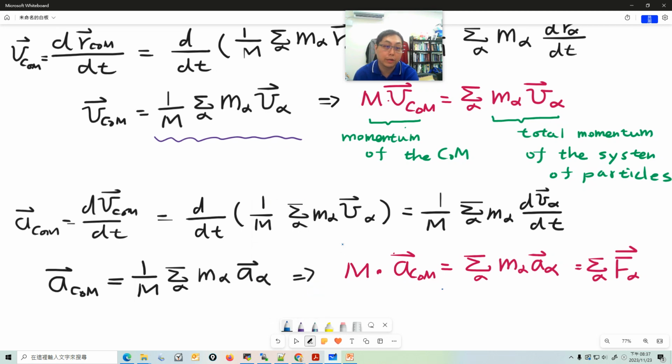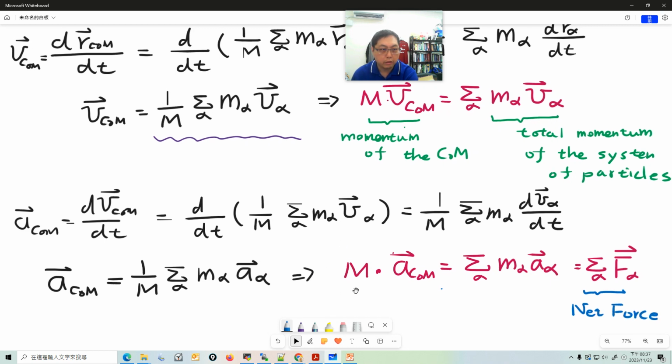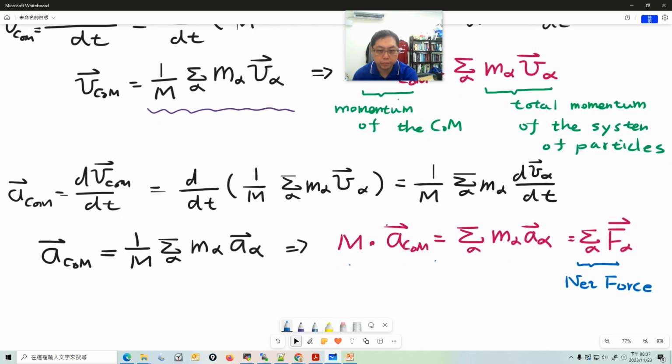Previously we mentioned the net force of the system of particles. The net force of the system of particles is equal to what?